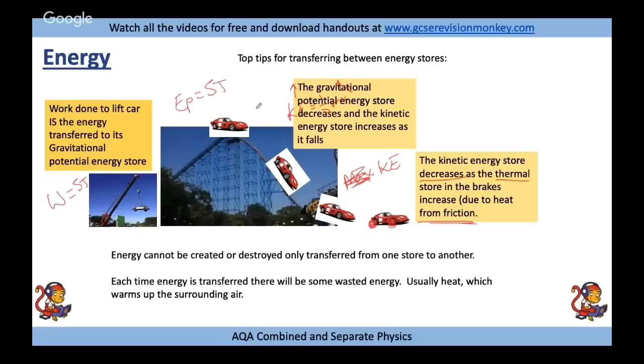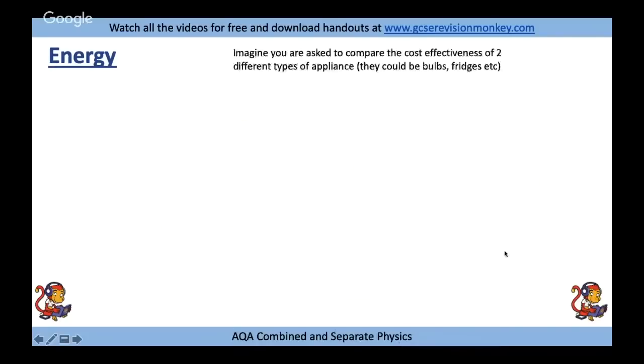His kinetic energy at the bottom here would be equal to 5 joules. And the work done released as heat would be equal to 5 joules as well. Okay, so the energy is transferred each time. Now we're being a bit generous here, as there would be some wasted energy each time, but for simplicity we'll just ignore that.